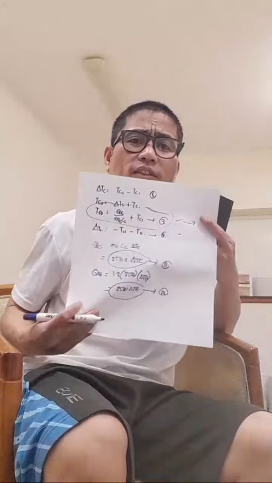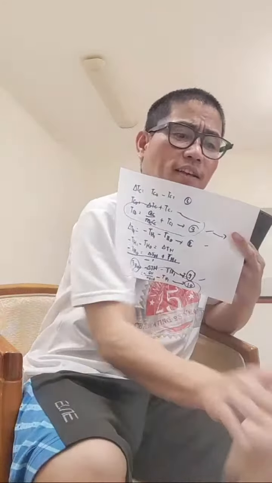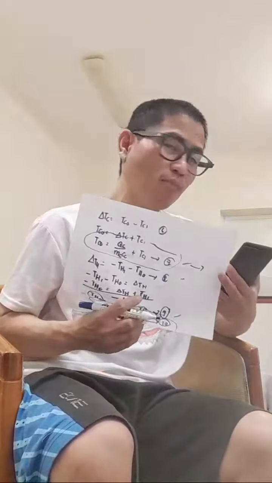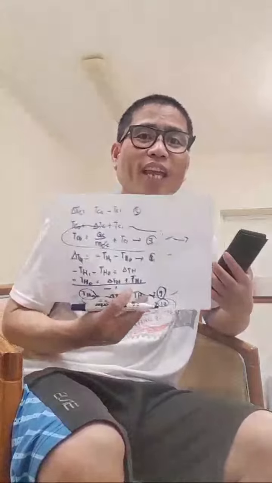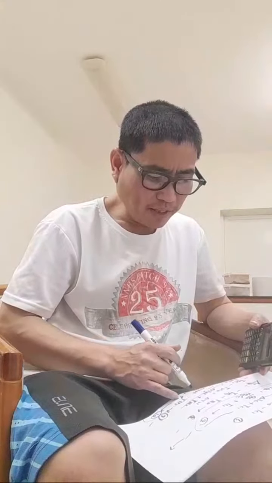Take note, there's delta TC and delta TH. If you substitute that in here, you do the math and substitute values, somewhere will cancel all throughout. I don't have the time anymore because I have an appointment. Then you can solve for the value of THO. You get the point? Because we have THI. And your QH is delta H.